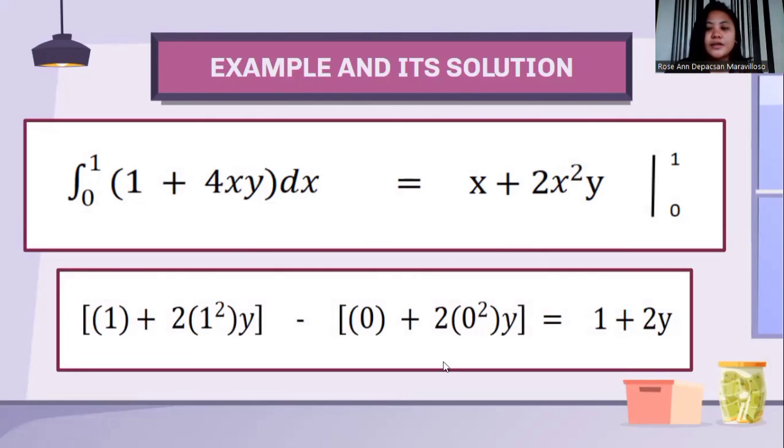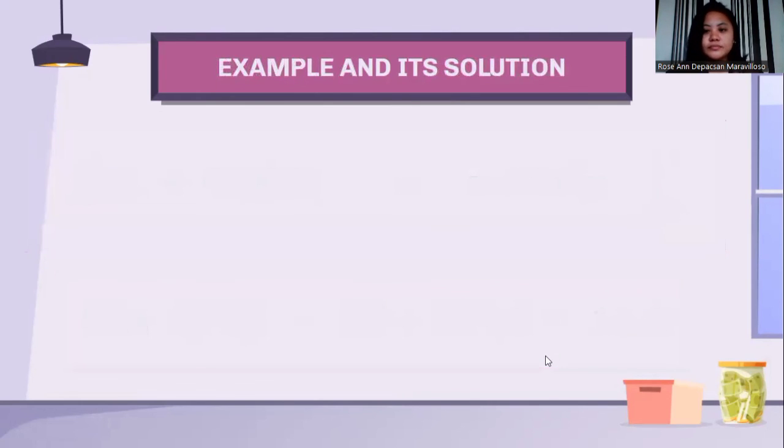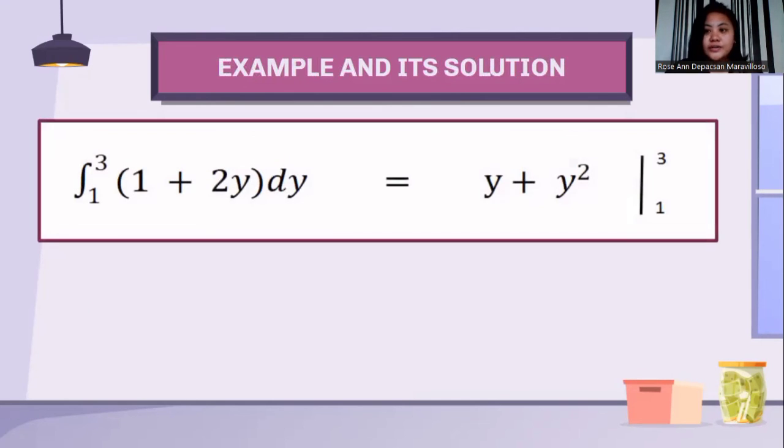Therefore, the result is 1 plus 2y. So after evaluating the first integral, we are left with the integral of 1 plus 2y with respect to y from 1 to 3.